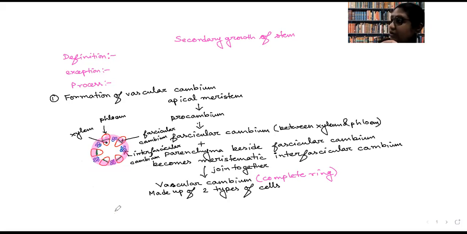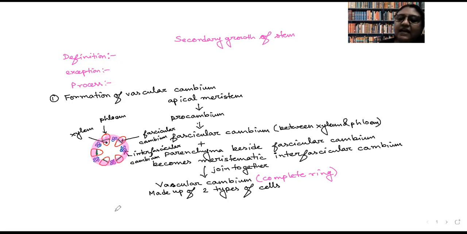Now, this is protoxylem and protophloem. The way in between primary xylem and primary phloem there is presence of parenchyma cells as if they are having the appearance of a ray, similarly, in between secondary xylem and secondary phloem there will be presence of parenchyma cells and they will appear as if they are also rays.